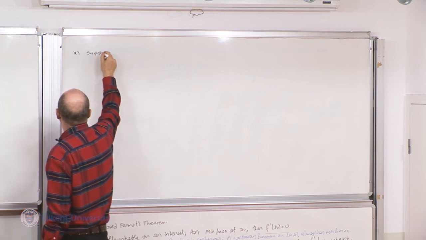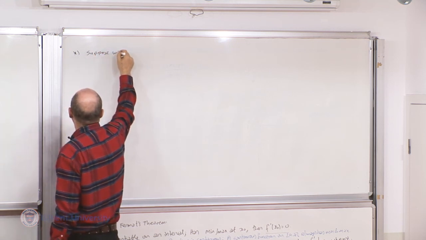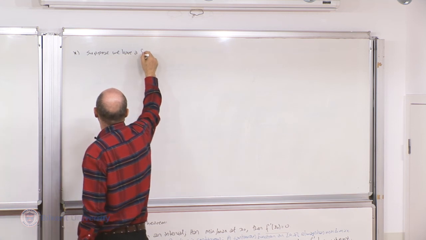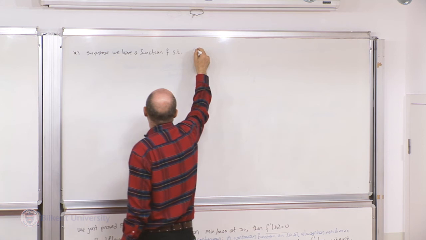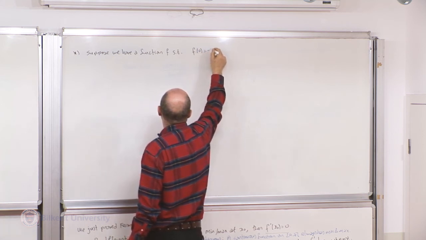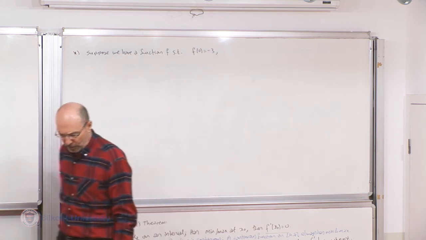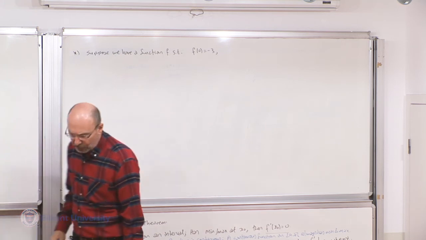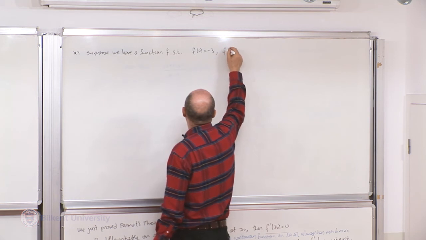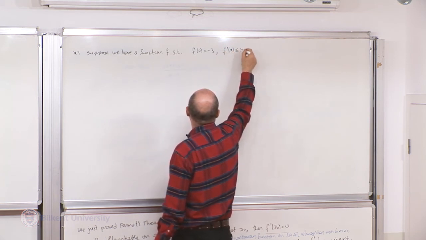So suppose we have a function f such that f of 0 is equal to minus 3. Okay. The absolute value of f prime x is less than or equal to 5.